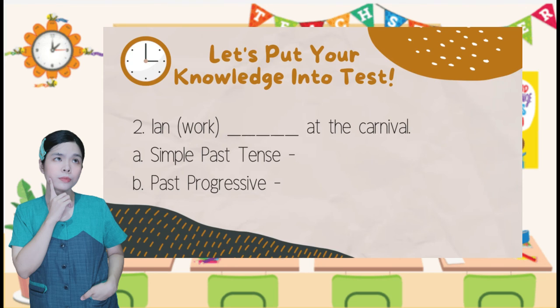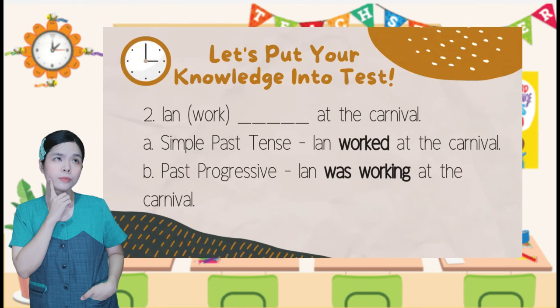5, 4, 3, 2, 1. So here, the simple past tense: Ian worked at the carnival. We just added ed.